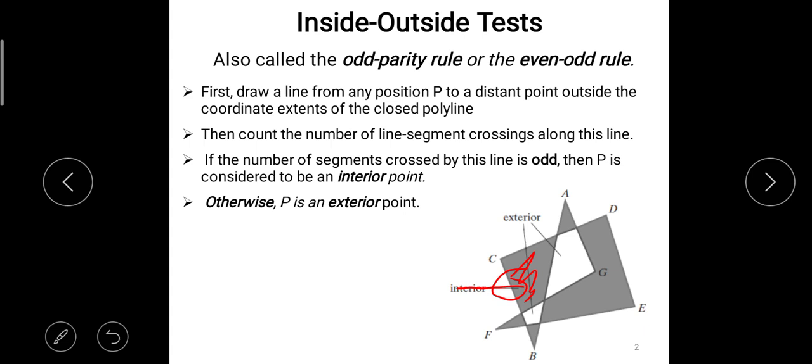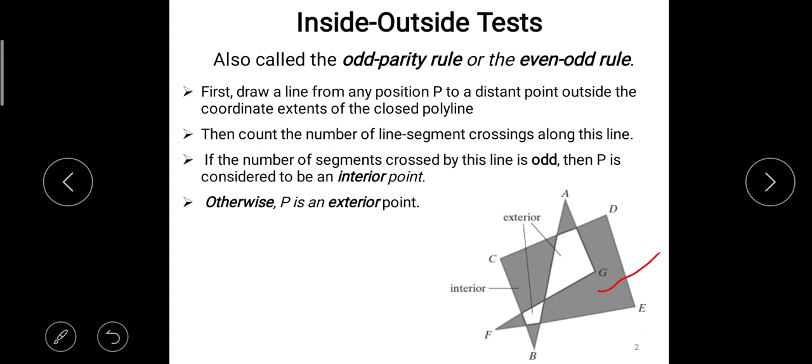Okay, so let me take one more example. Let me take a line from this point towards the outside of the region. In this case, we have one line that is intersecting, and hence we call this region the interior region.